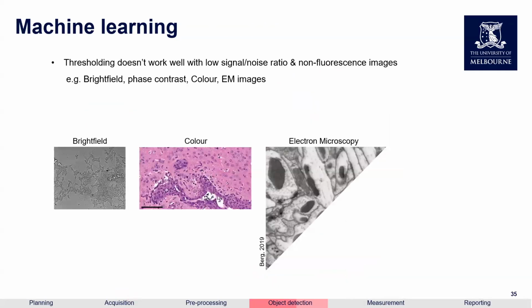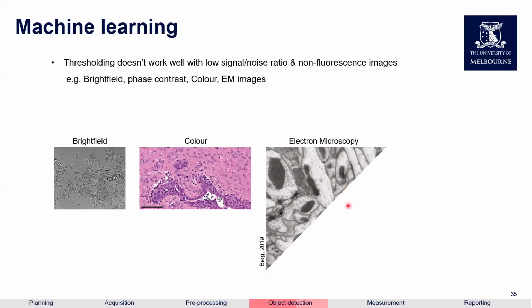This type of conventional threshold approach works well for fluorescence images, but it also struggles with low contrast signal or non-fluorescence images like bright field, color images, or electron microscopy images. In this case, machine learning can help.